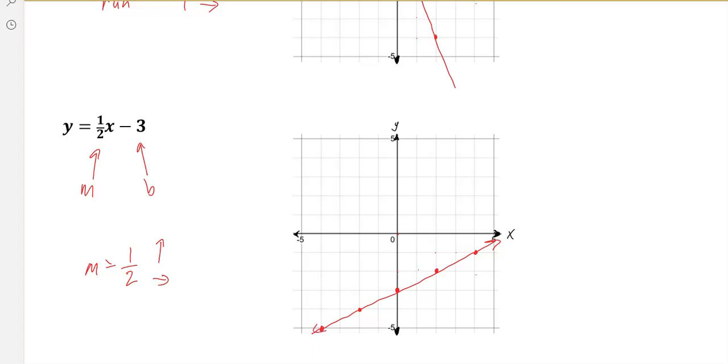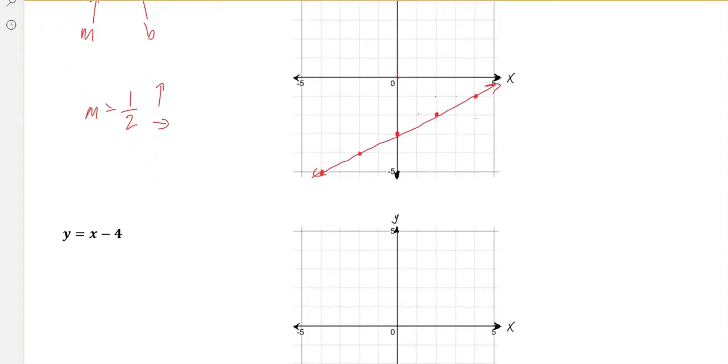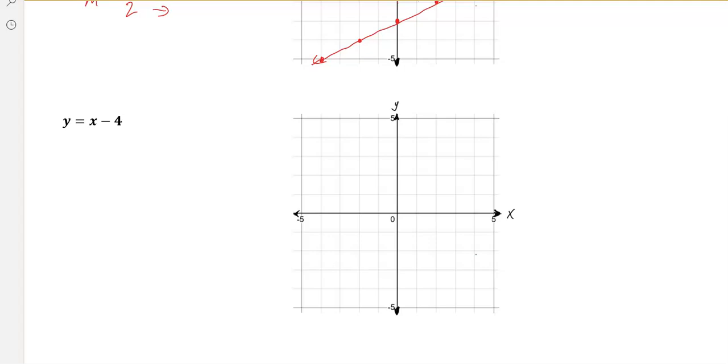So it's easy to graph a line if you know the slope-intercept formula. Oh, here's another one. This one looks a little bit different because there's no coefficient. What's the slope here? There's no number in front of the x. Remember, the coefficient of a variable, if it's by itself, is 1. So that would be 1 over 1. And here's our y-intercept. It crosses the y-axis at negative 4.